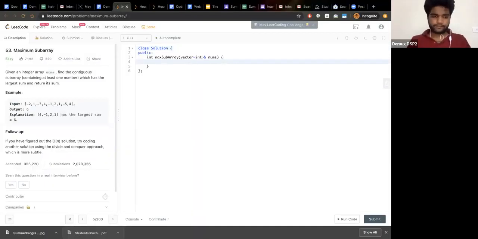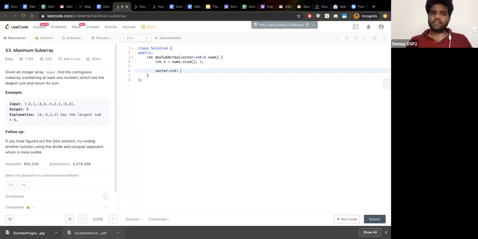So here, we want to go from the smallest to the biggest subproblem, right? What is the smallest subproblem? The smallest subproblem is 0, 0.